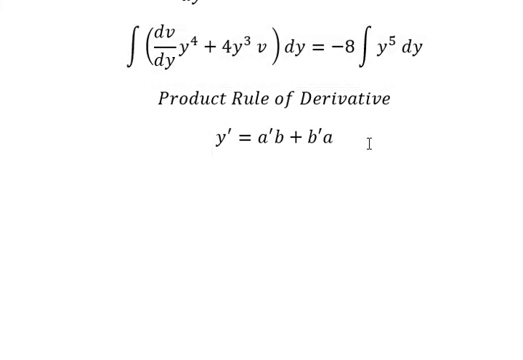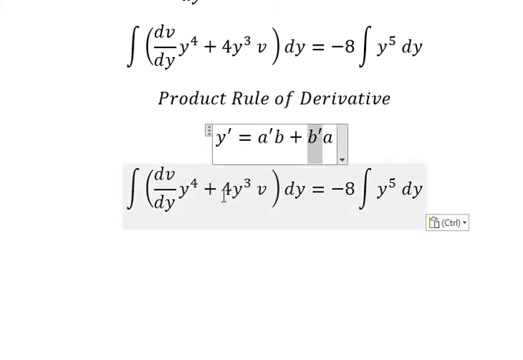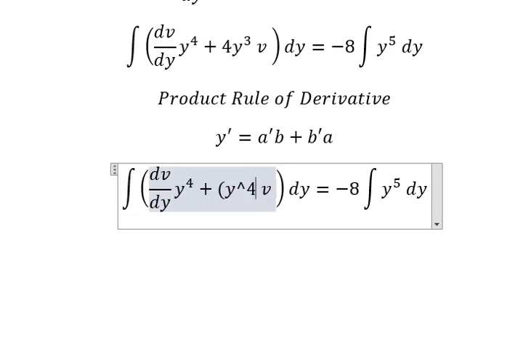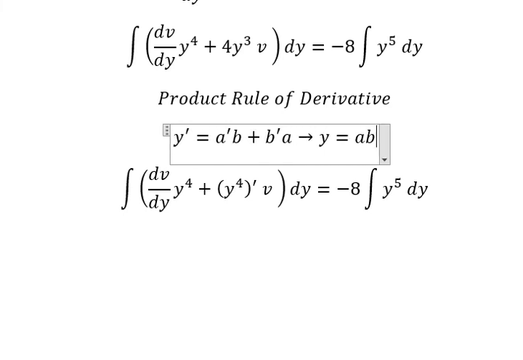So in this one we have the first derivative of a multiplied by b. This is the first derivative of b multiplied by a. So the integration of this one we have y equals ab.